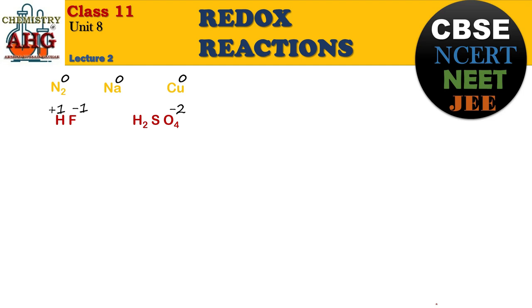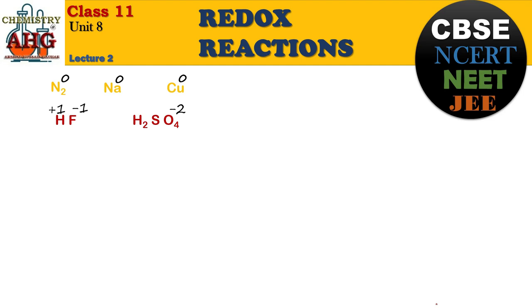Now what you must think next is that there is a total charge of -8, and both hydrogen and sulfur, two elements, three atoms, will have to neutralize the -8 charge. Now what can happen?